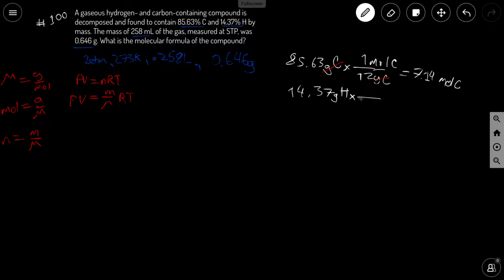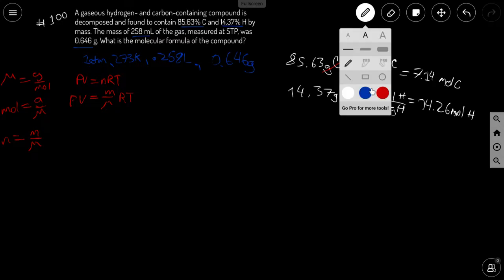And I'll go ahead and do the same for hydrogen. And that will give me 14.26 moles. Okay, so now we have our moles.